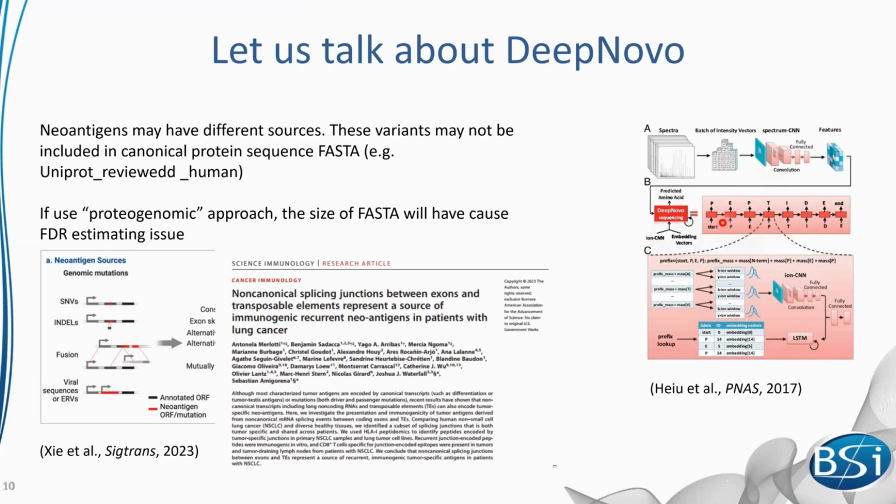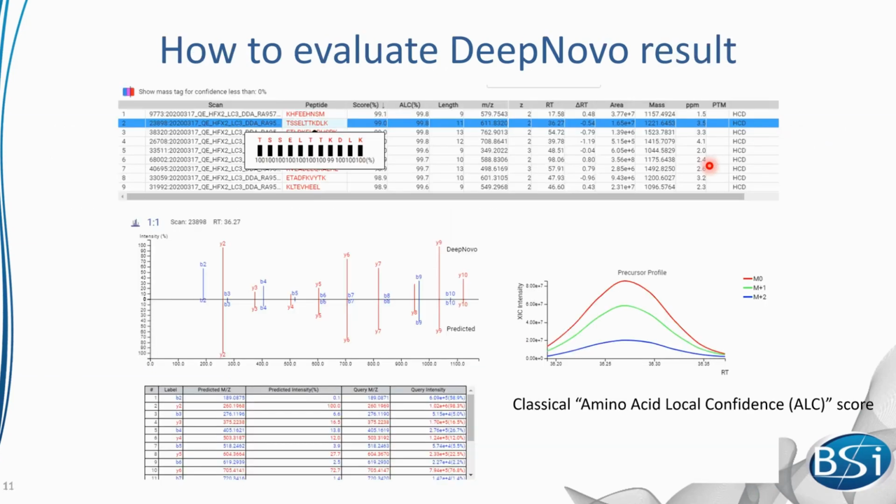In simple terms, DeepNovo is a deep learning based de novo sequencing technique developed by our BSI. Here we do not require the protein FASTA file. We just deduce the sequence directly from the MS2 spectra. The most common question we meet is: yes, you can do DeepNovo, but how can you evaluate your result?